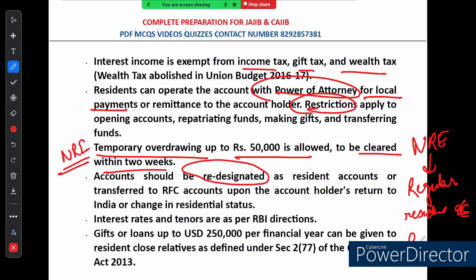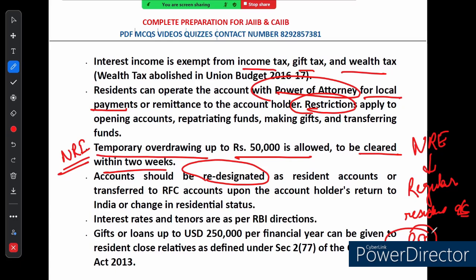So we are talking about RFC, resident foreign currency account. These are designed for returning NRIs, allowing them to hold their savings in foreign currency. It provides flexibility if you plan to move abroad again and want to keep your money in foreign currency.